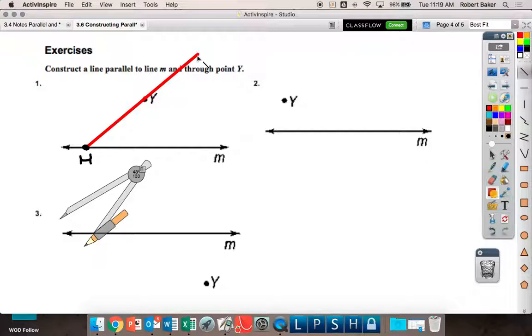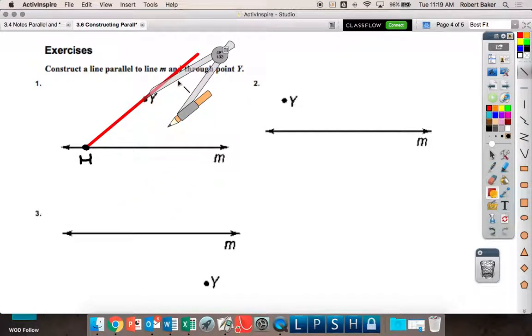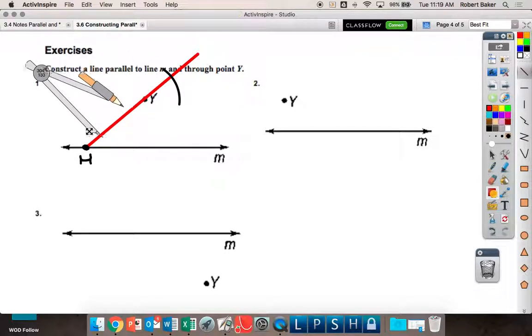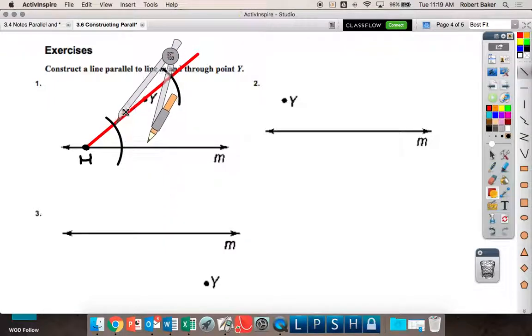Step number 2. Put your pivot point on Y. You need to draw an arc that goes below Y and above and make sure it connects. Without changing the radius, move down and draw the same arc. The last and final step, I'm going to measure how open this angle is.